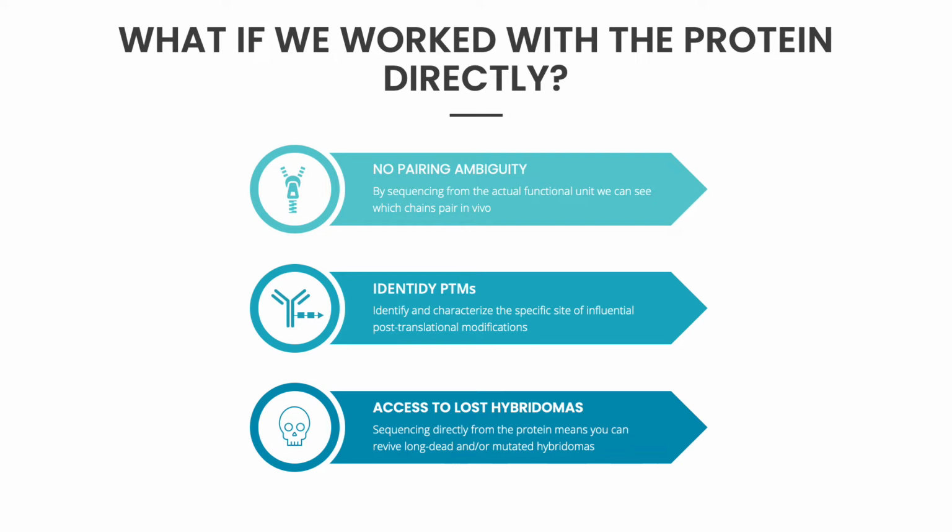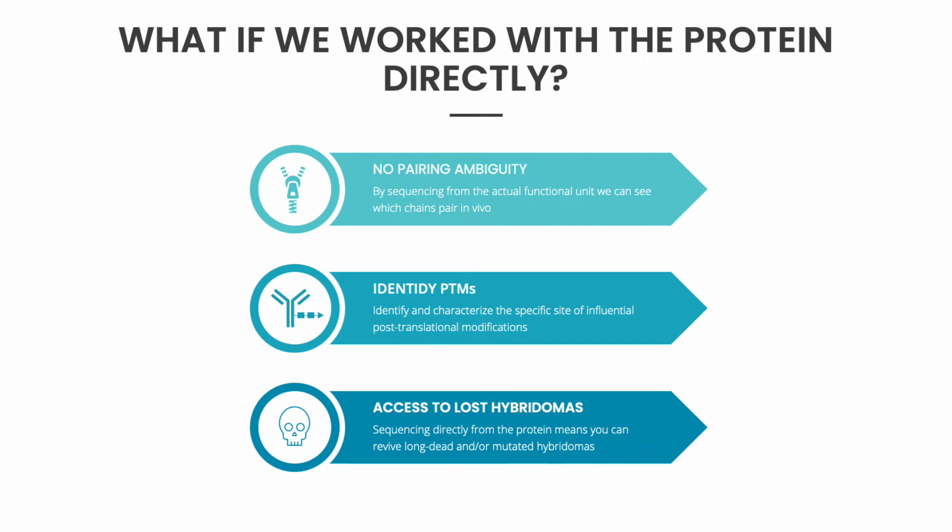As long as the mixture has been purified, we can confirm the binding activity that is in vivo, and we can observe the exact pairing combinations that are present in the tube itself. So this allows us to identify exactly which pairs bind with which. So even when we do have additional chains, like the 30% of cases that we saw earlier, then we can handle that with no real problem.